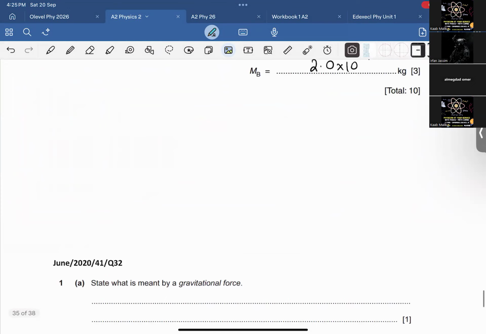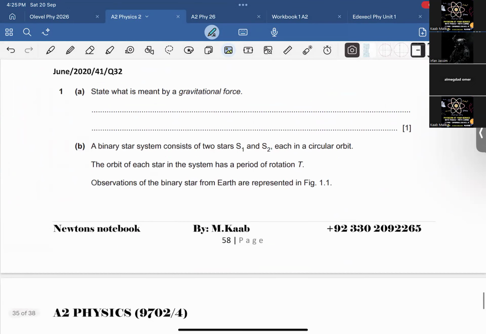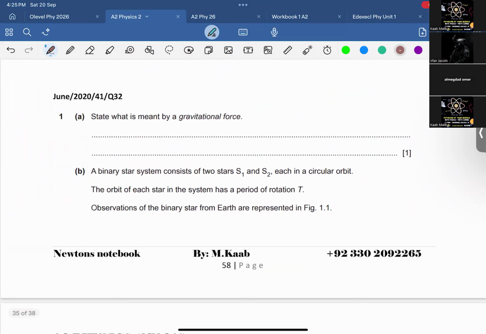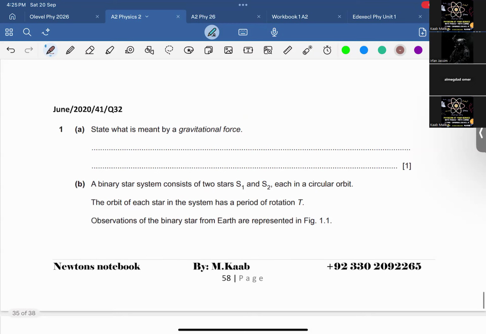Okay, the gravitational force. You know that it is a gravitational force. This is a force, by the way, so you can explain that. Do you remember the definition? It's gravitational force, not potential or field strength.